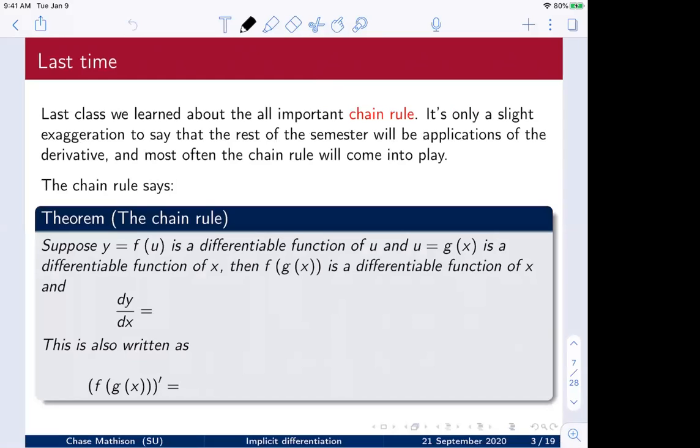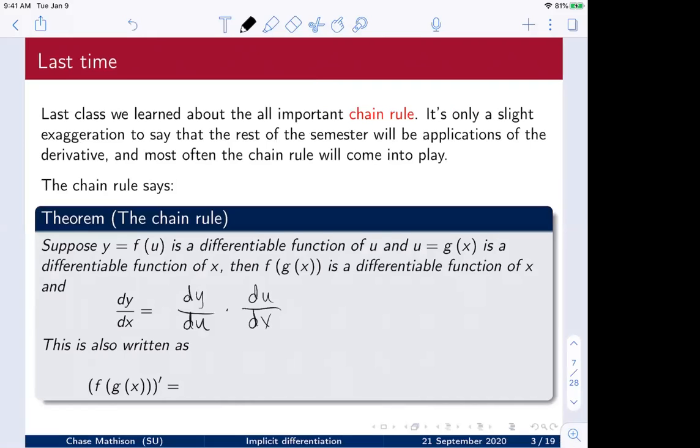So as a reminder, the chain rule says, suppose y is a differentiable function of u, okay? And u is a differentiable function of x. Okay, then f of g of x is a differentiable function of x, and dy/dx, the derivative of y with respect to x, is simply the derivative of y with respect to u times the derivative of u with respect to x.